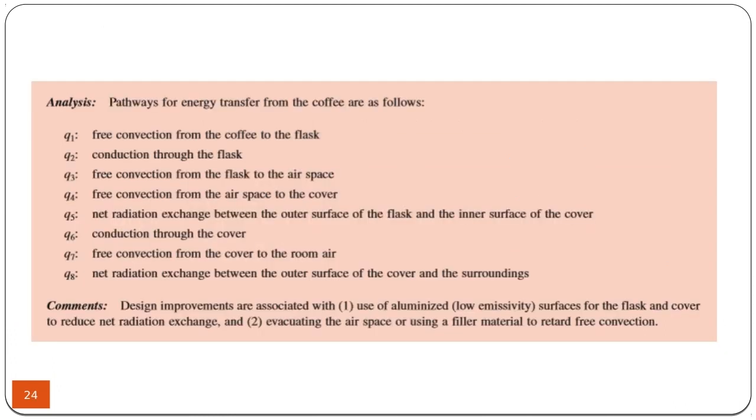So you can read the summary of this. Free convection from the coffee to flask, conduction through the flask, free convection from flask to airspace, free convection from airspace to cover, net radiation exchange between the outer surface of flask and inner surface of the cover, conduction through the cover, free convection from the cover to the room air, net radiation exchange between the outer surface of the cover and surroundings.